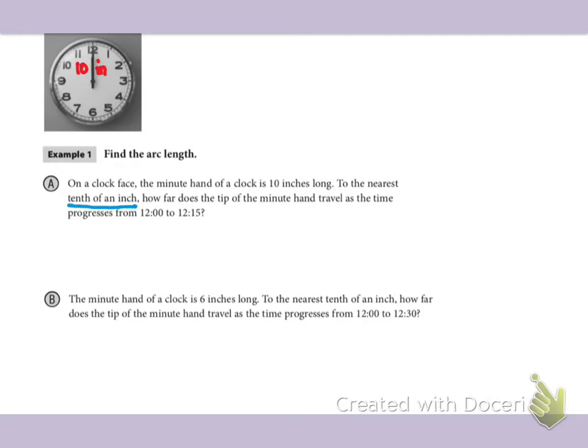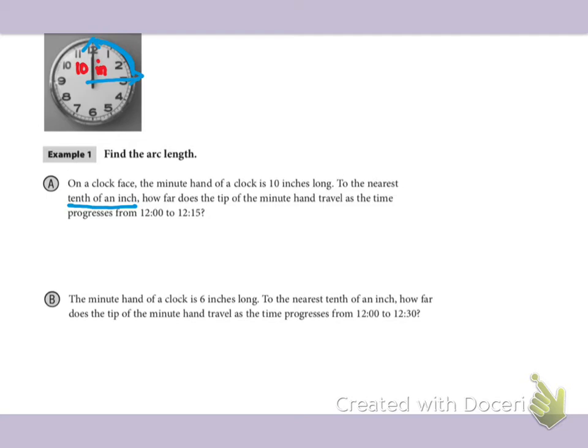How far does the tip of the minute hand travel as the time progresses from 12 o'clock to 12:15? It starts here at 12 o'clock, and when it gets to 12:15, it's going to be right here at the 3, right? So that's what we want to know: how far did it travel along that arc?